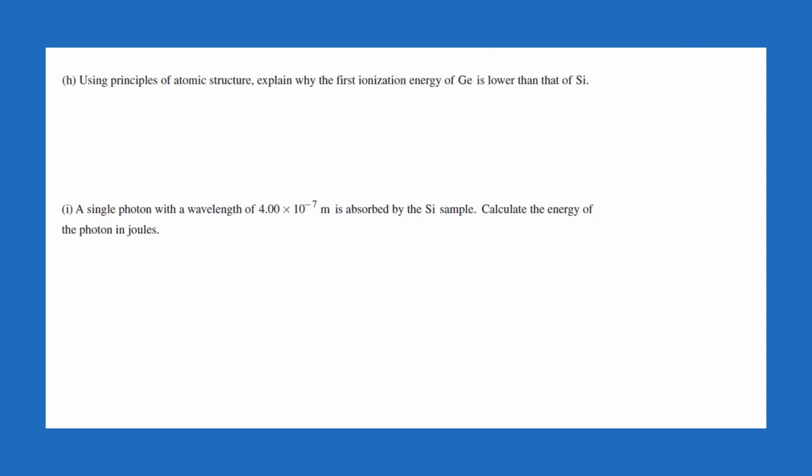Okay, atomic structure, explain why the first ionization energy of germanium is lower than that of silicon. So I would always recommend when you see questions like this, you look at what's the same and what's different. So silicon has 14 protons and it's in the 3rd energy level. Germanium has 32 protons and it's in the 4th energy level.